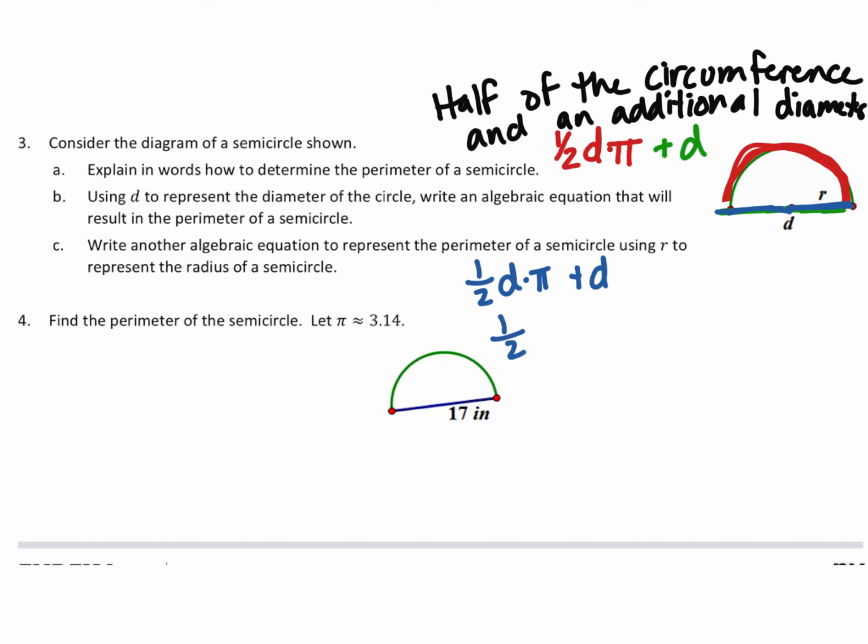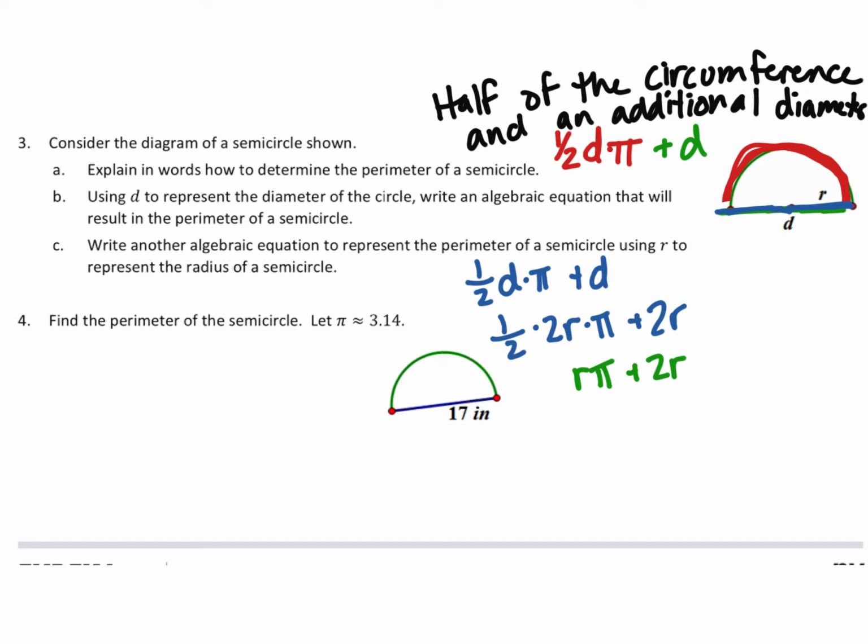So instead of 1/2 diameter, I'm going to multiply it by 2 radiuses. And wherever I see that D, I'm going to replace it with 2R. I can simplify this because 1/2 times 2 is just 1. So I have 1 radius times pi plus 2 more radiuses, which, when it's plural, is called radii.